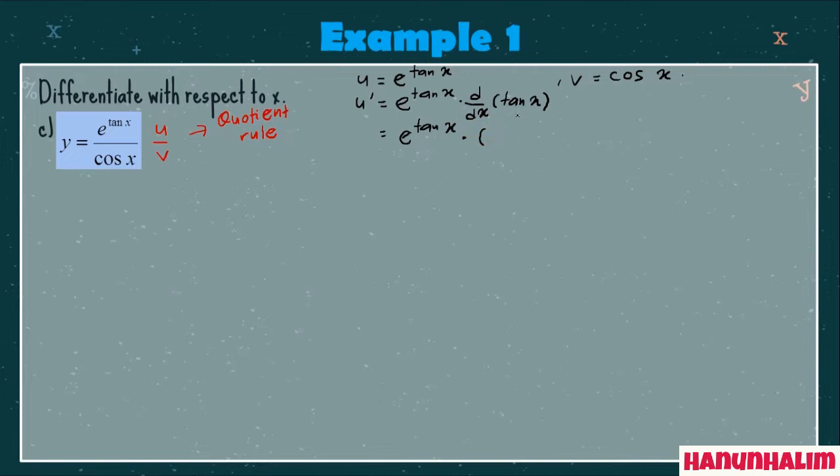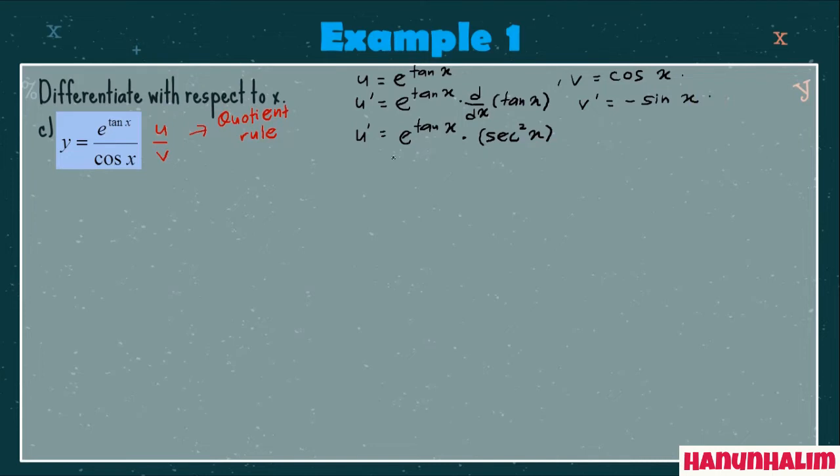Part 1, subtopic 3.3. We will get secant squared x. Okay, so this is our u prime. Then kita cari v prime. So v prime, cos x. Differentiate cos x, negative sin x.